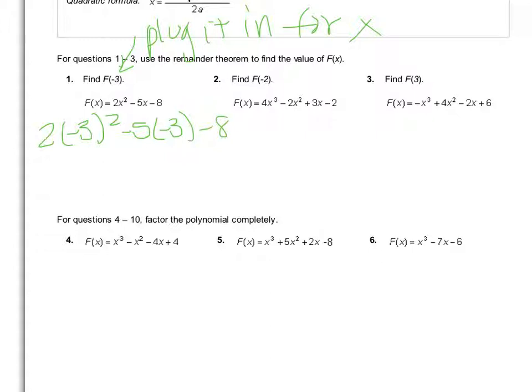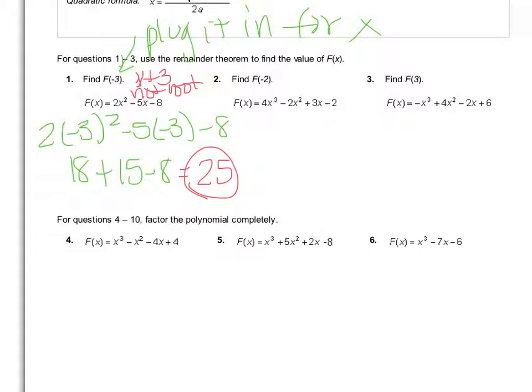And if I start doing some math, well, -3 squared is 9 times 2 is 18. -5 times -3 is positive 15 minus 8. And 18 plus 15 minus 8 is going to give me 25. It doesn't ask this, but I'm going to say that x plus 3 is not a root. And the reason I know it's not a root is because I did not get 0 here.